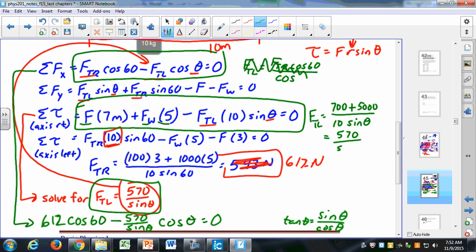Yeah, that's right. Okay. So I'm solving this equation for FTL so that I can get FTL in terms of theta. Then I can take this and plug it back in up here, so I remove one of those unknown variables. Does that answer your question, Sydney?